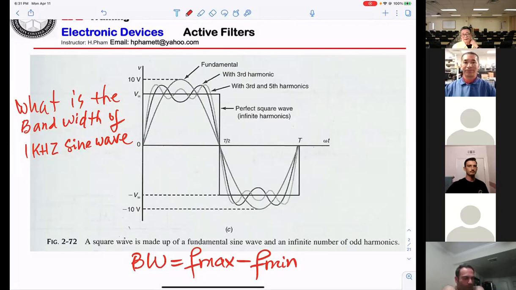What is the bandwidth of 1 kilohertz sideways? Nobody telling me? You don't know?